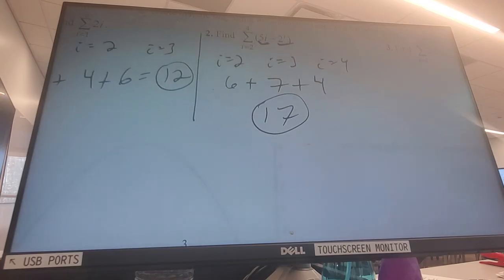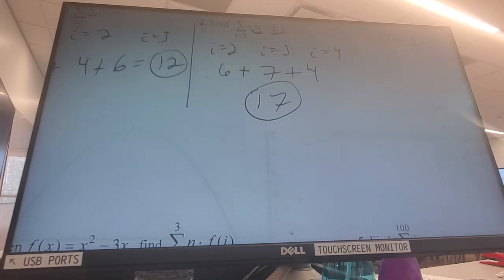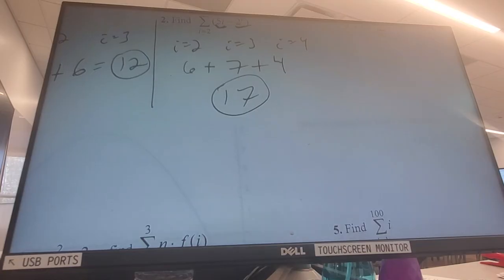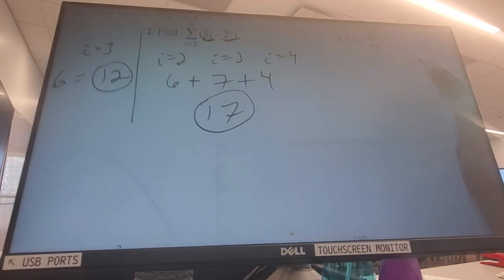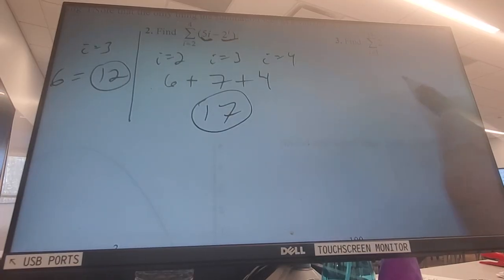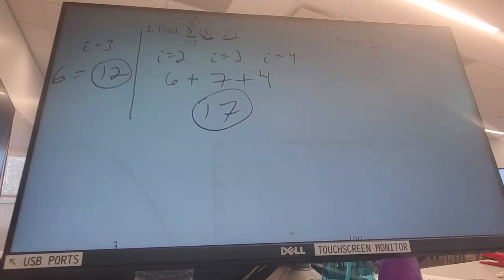Have any of you ever taken statistics before, out of curiosity? Yes, so you know this symbol. If you've taken stats, you should have used it a lot. Who got number 3? Who figured out a nice, quick way to do number 3? 76. How'd you get it? You figured out how to do summation in your calculator? Who else figured out how to do it as a human? Why did you do 2 times 38?